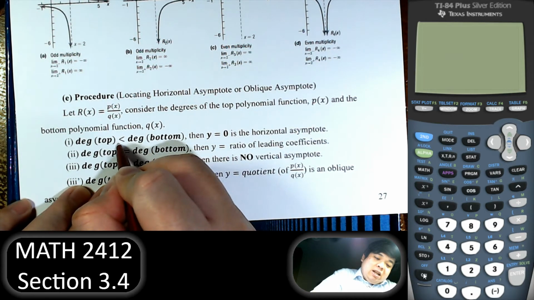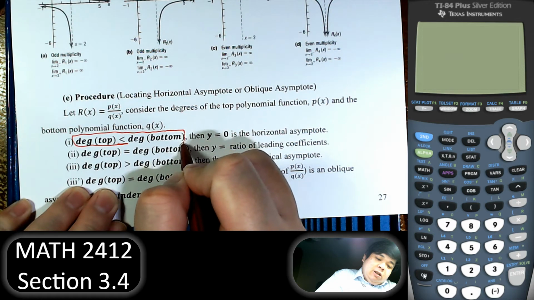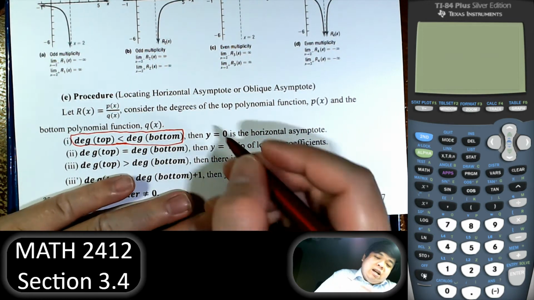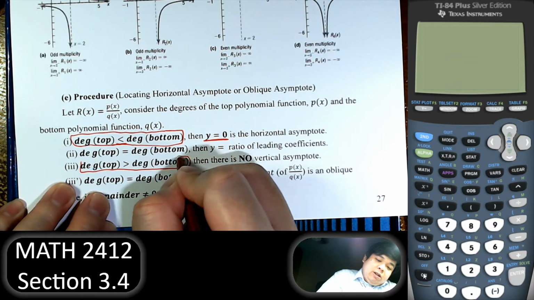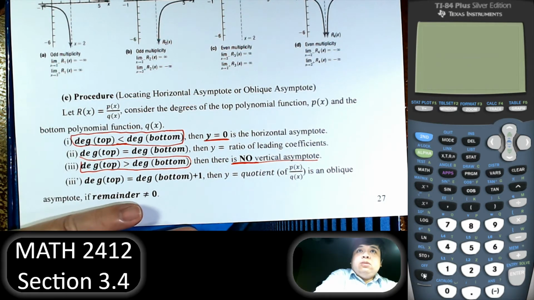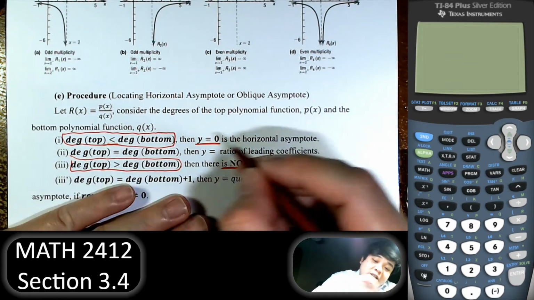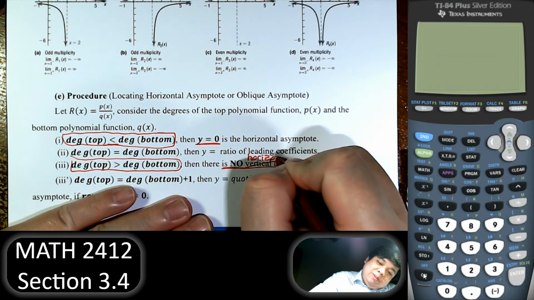So when it's less than, is y equal to 0, and when it's greater than, there's no vertical asymptote. Because that's always a typo, right? That should be horizontal. Sorry.